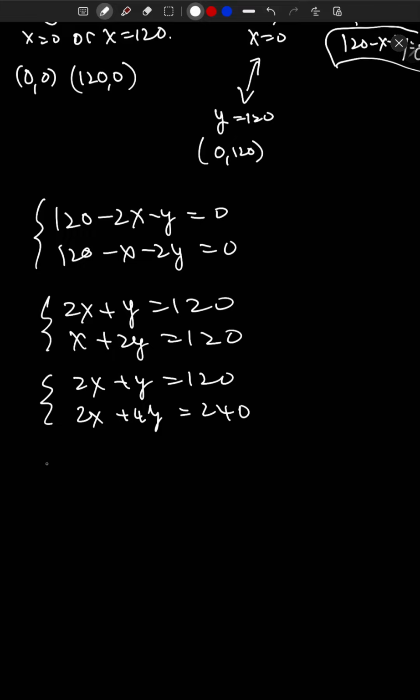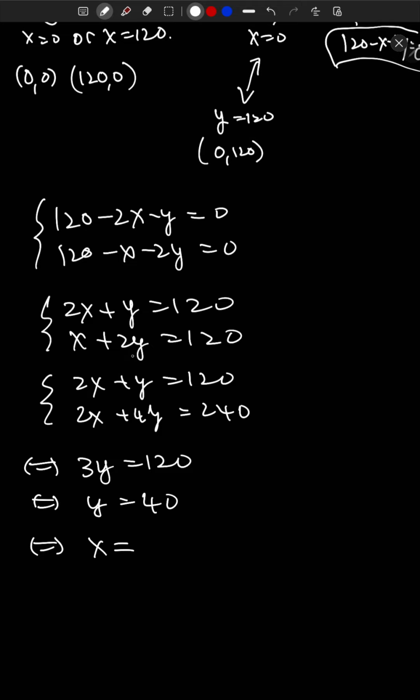Let me subtract the two equations. This tells me 3y is equal to 120, which tells me y is equal to 40. And if y is equal to 40, x has to be what? Well, if I plug in 40 here, 40 times 2 is 80. And if I subtract that from the other side, I'm going to get x equals 40. All right. So my last candidate is 40 comma 40.